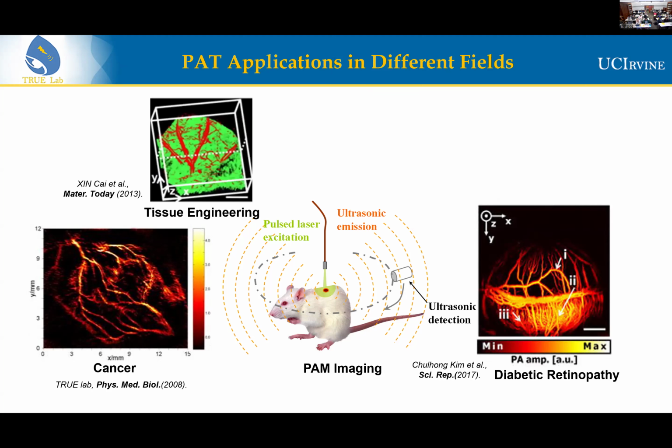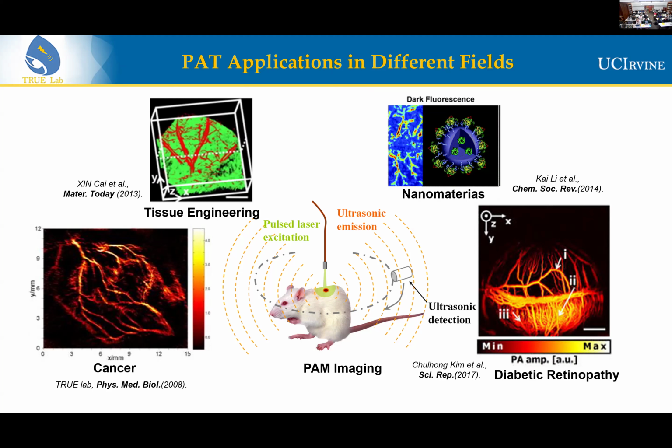And some other people apply this to tissue engineering, because if you artificially make some tissue, you want to make sure it's alive, you have to have these microvessels. So this can be applied for that. And also we have talked about molecular imaging. You can always make all kinds of nanoparticles, different contrast agents, and conjugate them with different biomarkers. And that's another whole set of applications there.